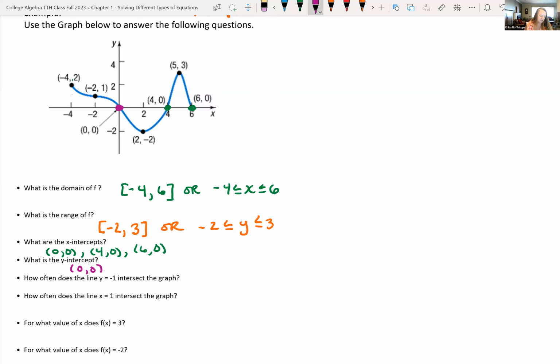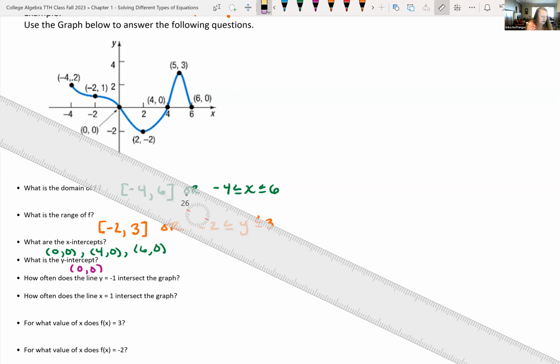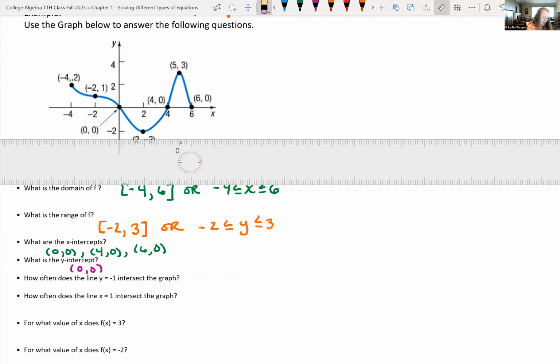The next question wants to know, how often does the line y equals -1 intersect the graph? Remember, if we have y equals some number, it's a horizontal line through that number. So we're looking here, let me get the ruler, at when y is -1.